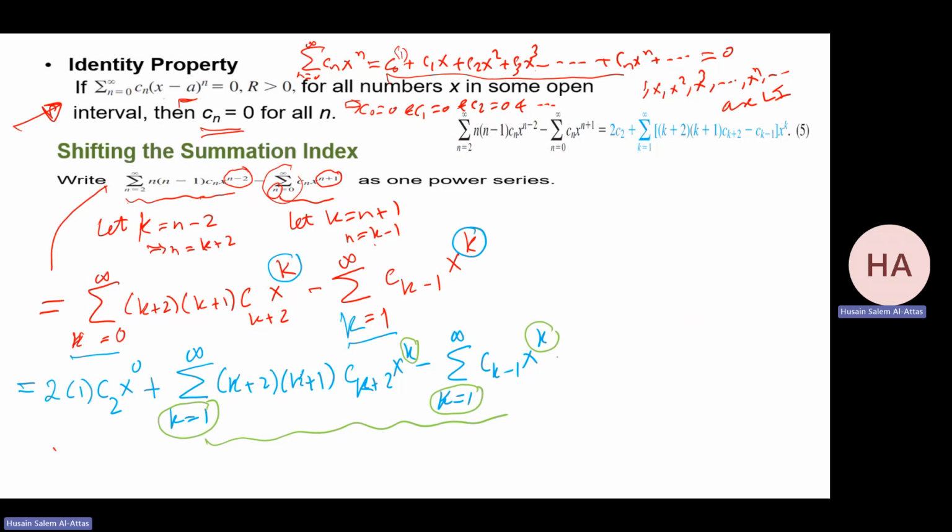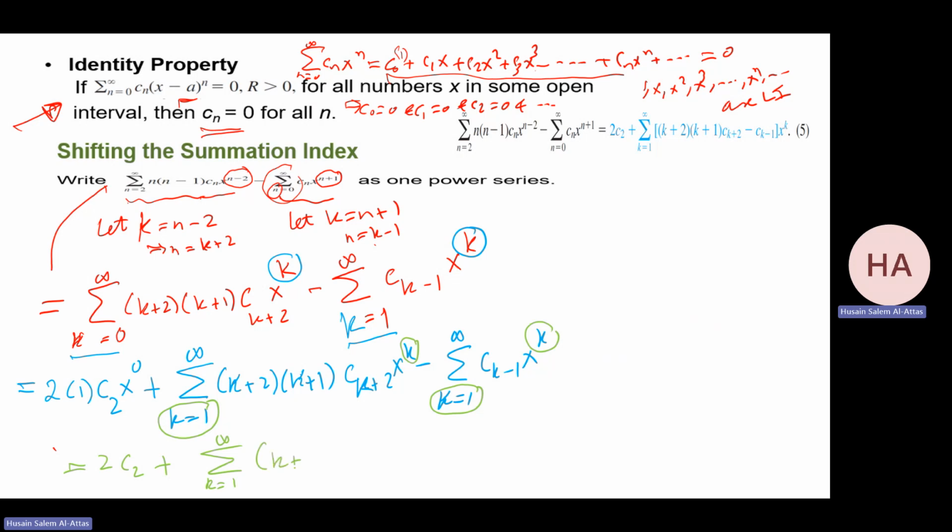So this will have 2 times 1 times C2, x to the power 0 is 1, plus, let me write it here, 2 C2 plus summation k equal 1 to infinity of what?